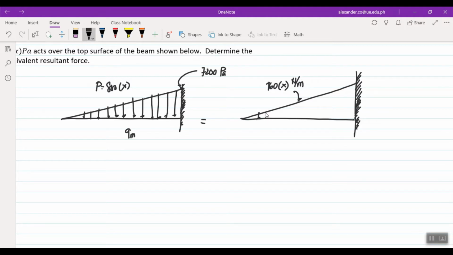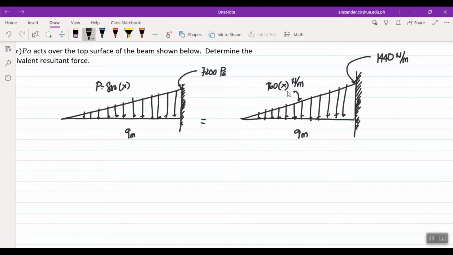Mas madaling solving yan. So far, so good. Ito daw, yung pinakatuktok niya, 7,200 times 0.2, it's now 1,440 Newton per meter. This is 9 meters.